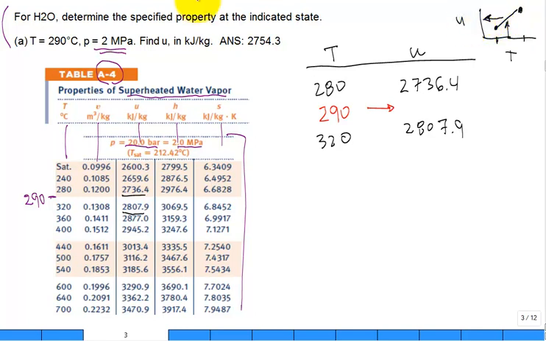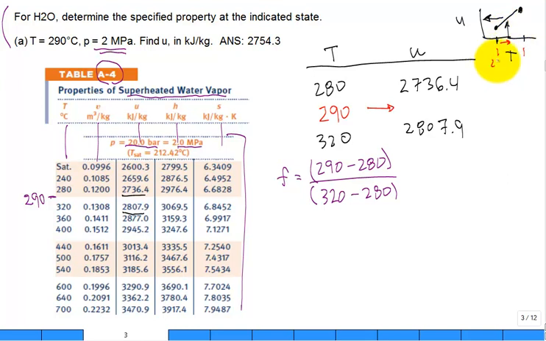Okay, I like to do this in two steps. I like to do the fraction in the temperature. So going all the way to 290 from 280, that's the numerator, and I divide by 320 minus 280. If you think about it, it's the fraction of the distance between these two values of temperature that are bracketing.